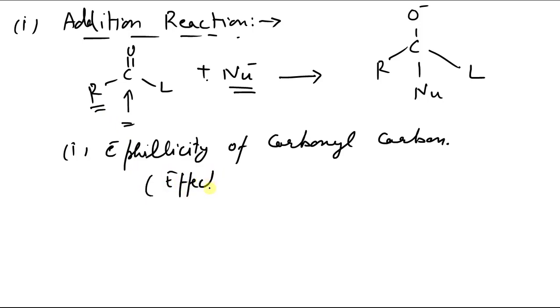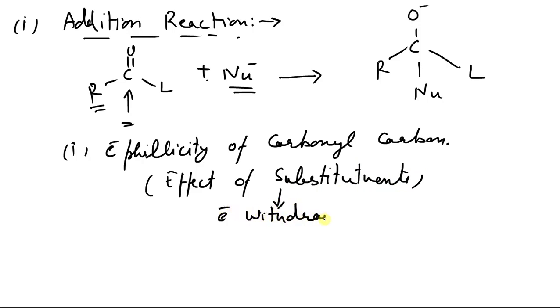Effect of substituents means whether these substituents, like this R group or any other group, are electron withdrawing groups (EWG) or electron donating groups (EDG).